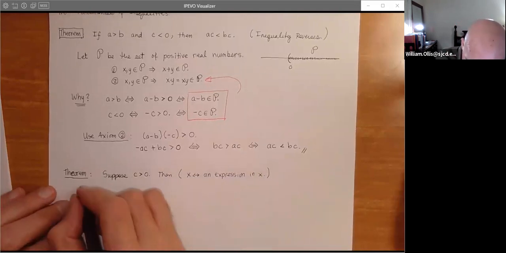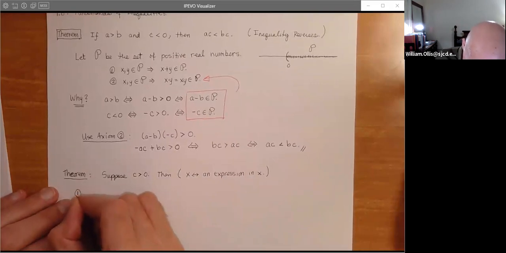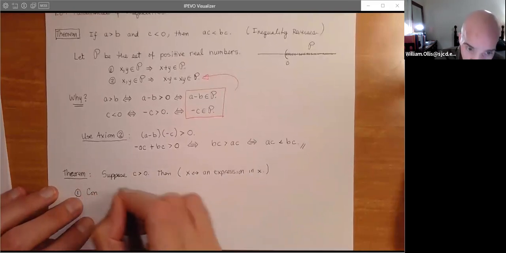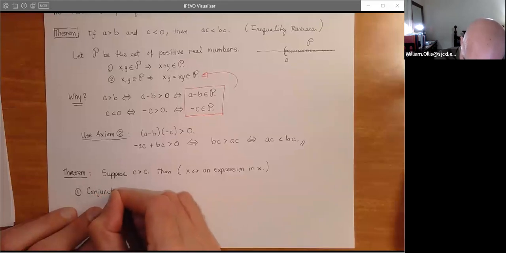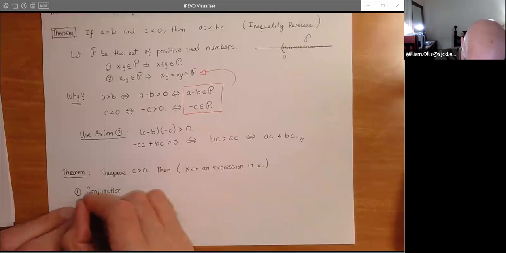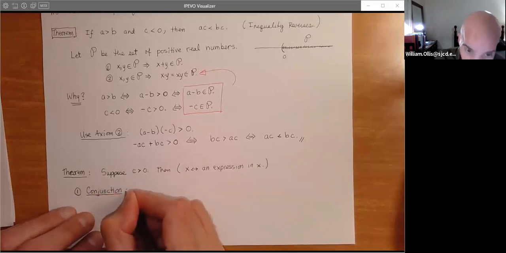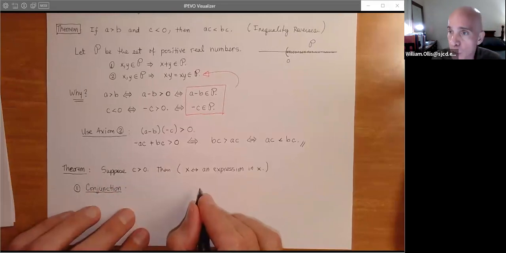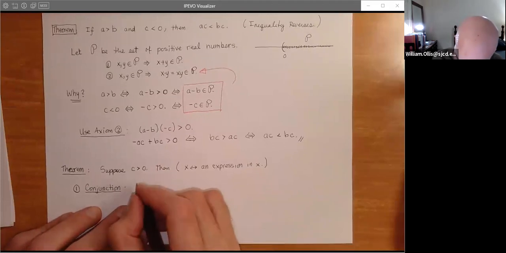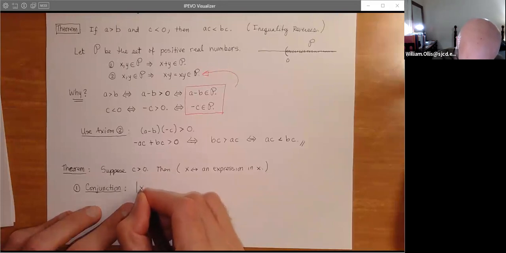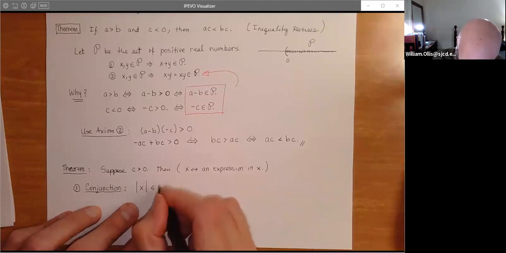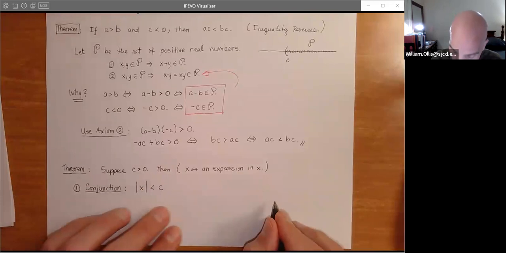So the first one is called the conjunction. I'll just write it out, conjunction. And you'll use this so much in calculus that it'll be part of your vocabulary. And it's a very clean way to write symmetric intervals. We'll say more about this. So we would say that the absolute value of X is less than some positive real number.